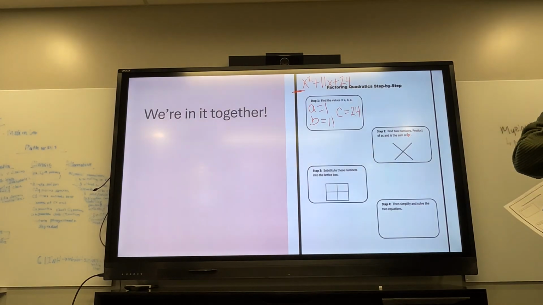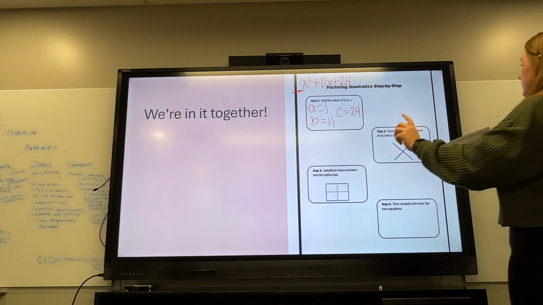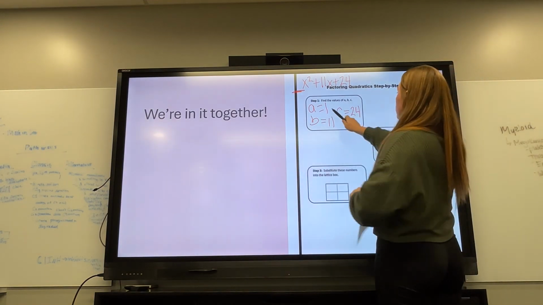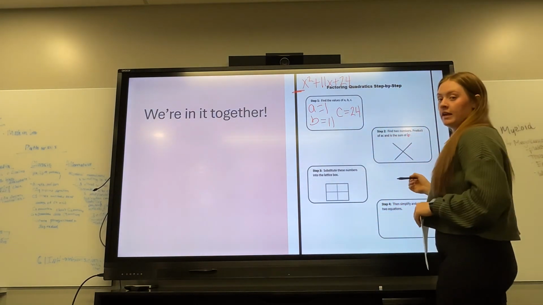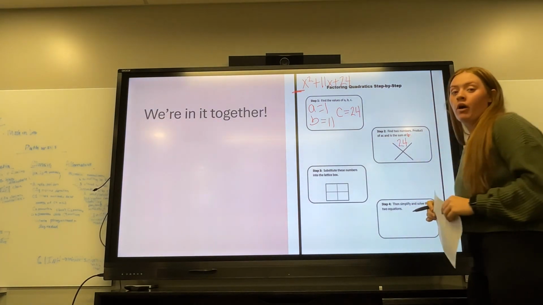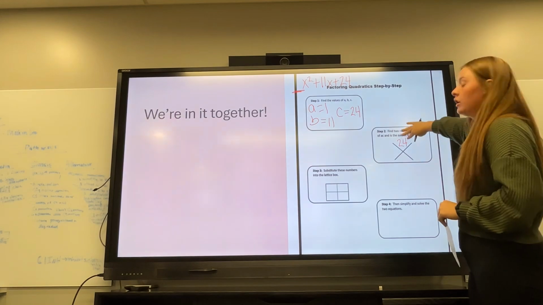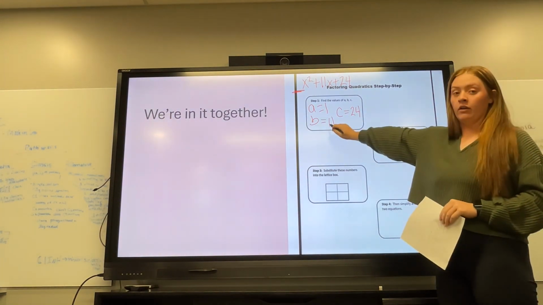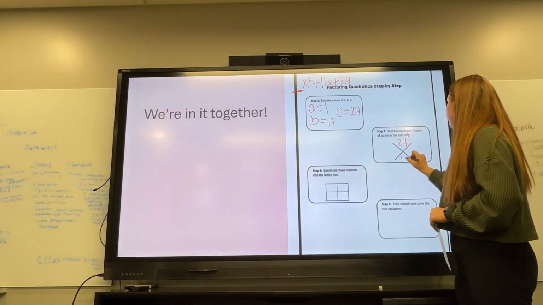Okay. Find two numbers, the product of a and c and the sum of b. So we're going to take the product of a and c. So 1 times 24 is 24. And we're going to go ahead and put that at the top. So our products of a and c are always going to go in this top part of this x right here. Okay, and then our b value is going to go on the bottom.